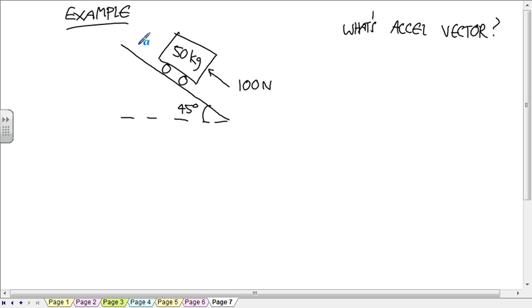Well, this surface isn't horizontal, so we know we want a rotated coordinate system where the y-axis is pointing out of the surface. That means that the x-axis has to point this way.